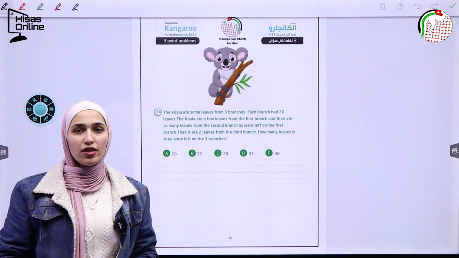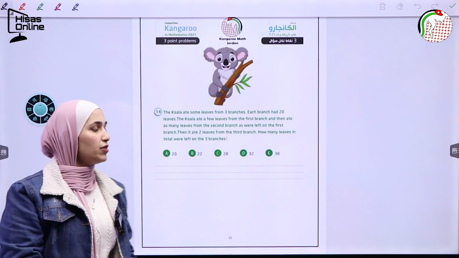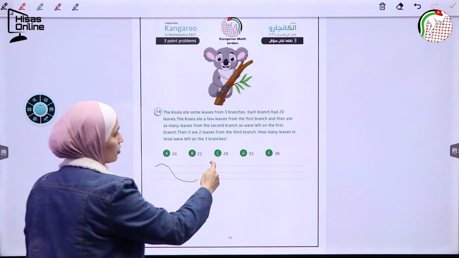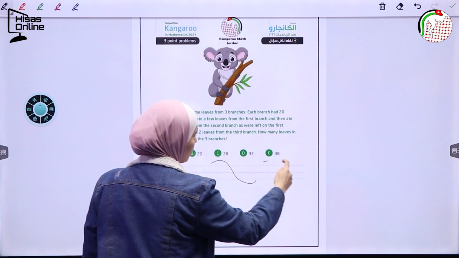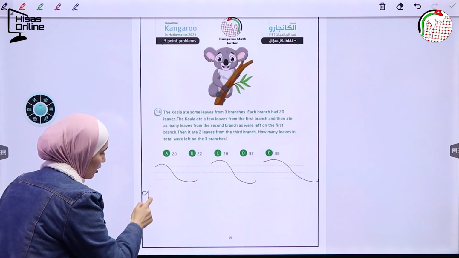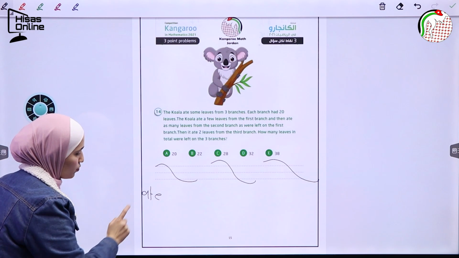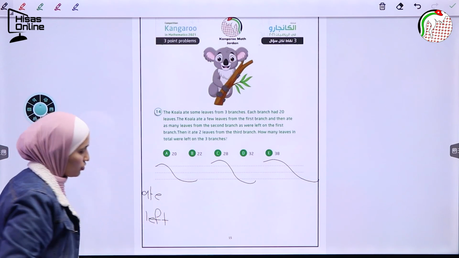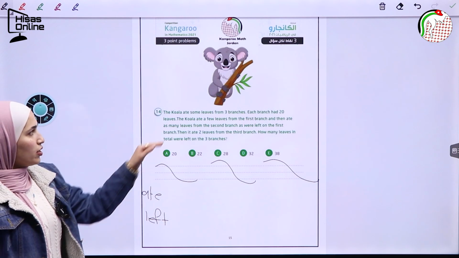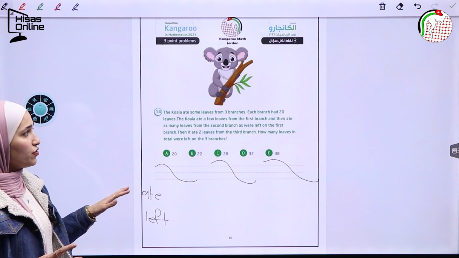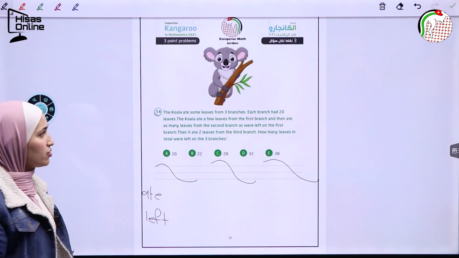So I think the easiest way, students, is to draw the branches. So I will draw this is branch 1, branch 2, branch 3. And I will write what he ate from each one and what is left from each one. So as the question says, he ate some leaves, or a few leaves, from the first branch.